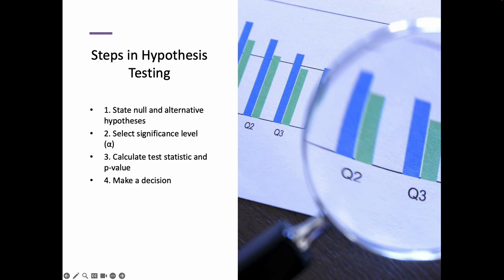Finally, we compare the p-value to the significance level, which is the alpha, and if the p-value is less than the alpha, we reject the null hypothesis, and we conclude that there is statistically significant evidence to support the alternative hypothesis. If the p-value is greater than or equal to alpha, we fail to reject the null hypothesis. This does not mean we accept the null hypothesis, but simply that we don't have enough evidence to reject it.